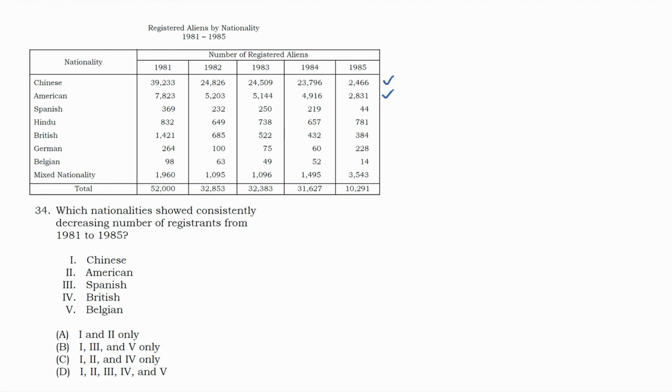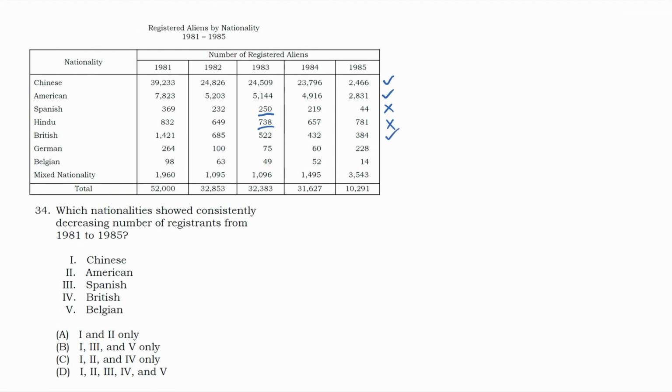And then, sa Spanish, dito, kung mapapansin nyo, yung 250 nag-increase ulit instead of decreasing. Nag-increase siya sa 1983. So, dito included. Hindu, nag-increase siya from 649 to 738. Di rin siya included. British, this one, ayan, lahat sila nag-decrease or bumaba.